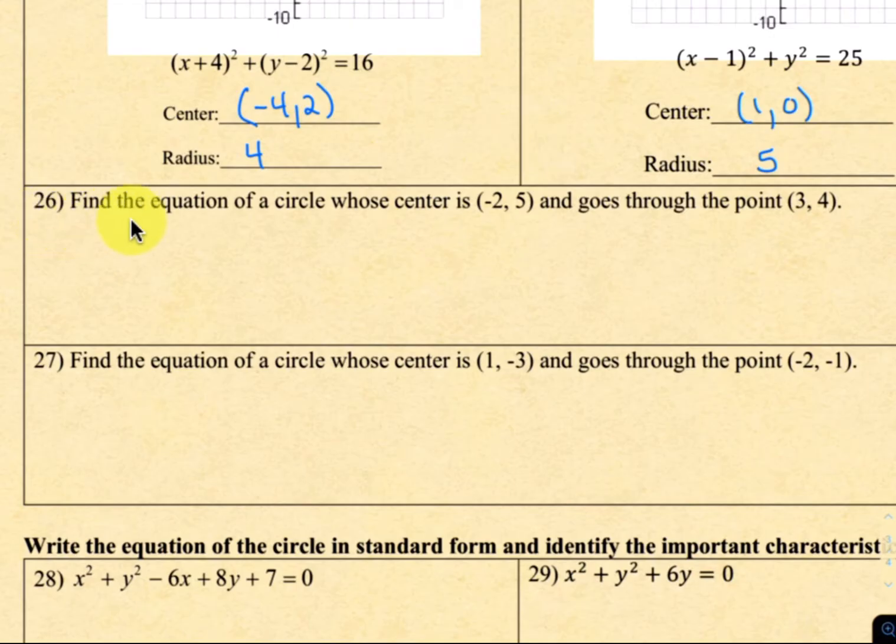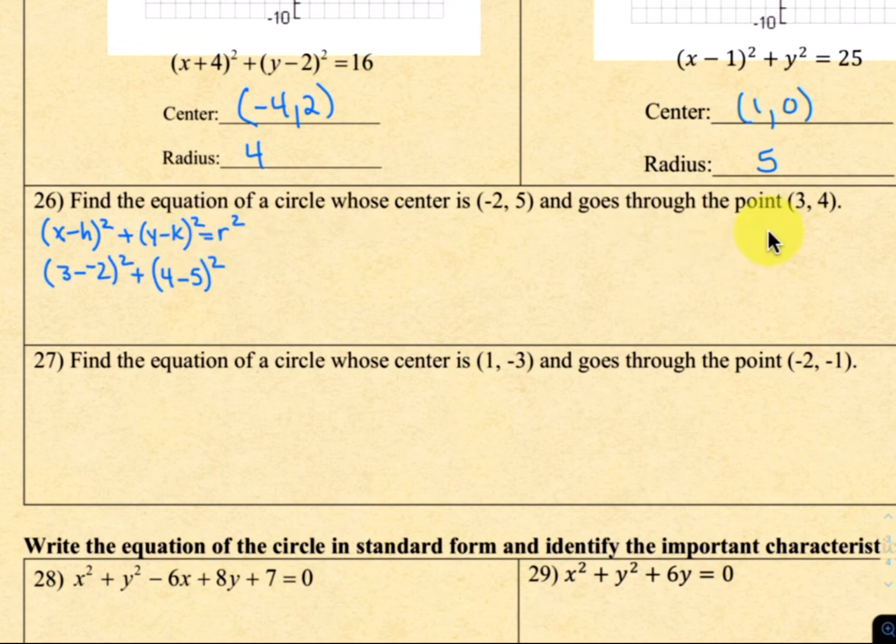For number 26, it says find the equation of a circle whose center is at (−2, 5) and goes through the point (3, 4). First, we'll write the circle equation, which is (x − h)² + (y − k)² = r². Plugging in 3 and 4 for the x and y, plugging in −2 and 5 for our h and k, we get this next line here.